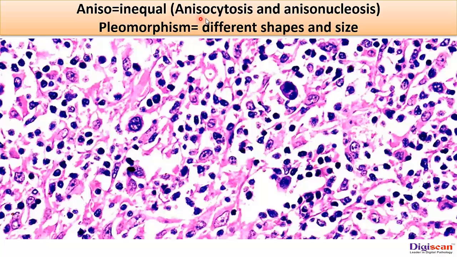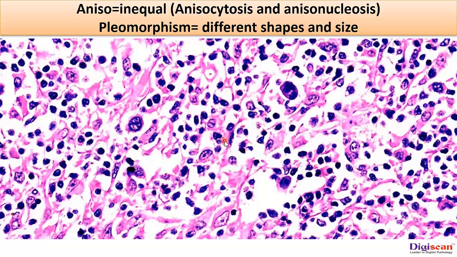So when the size of the cell is unequal in a section, it is called anisocytosis, and when the size of the nucleus is unequal, it is called anisonucleosis. Another term which I will be discussing in this particular slide is pleomorphism. And what is pleomorphism? Different shapes and size of the cell.